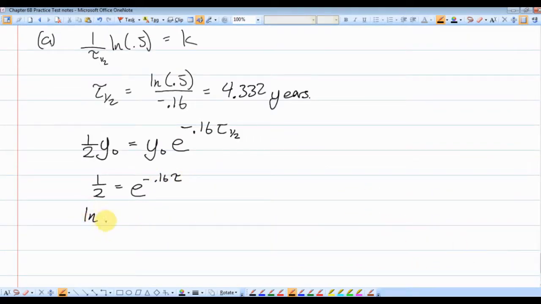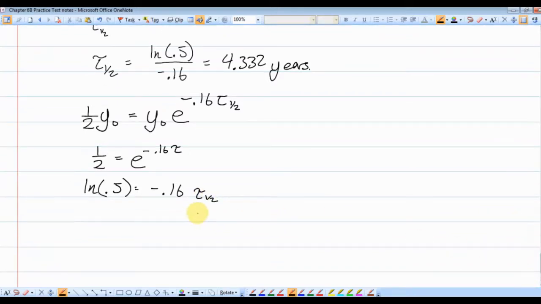That means the natural log of 0.5 equals negative 0.16 tau 1/2. So tau 1/2 equals the natural log of 0.5 divided by negative 0.16. It is the same formula. If you don't want to learn the additional formula, you can just go right to basics and figure it out from there. It's always 0.5 for half-life.